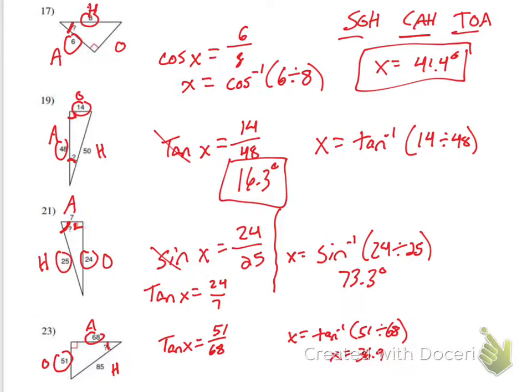Now let's check this answer. Let's do the same thing, but let's use cosine. Cosine is adjacent over hypotenuse. I'm just checking this answer by doing it a different way. So cosine x is equal to adjacent over hypotenuse, so it'd be 68 over 85.